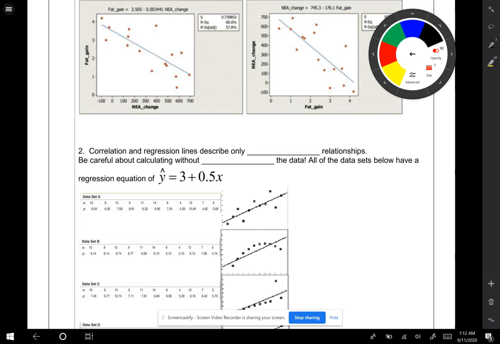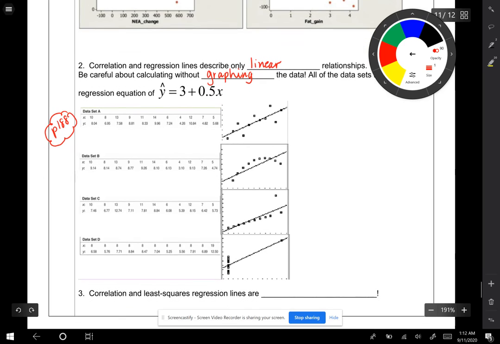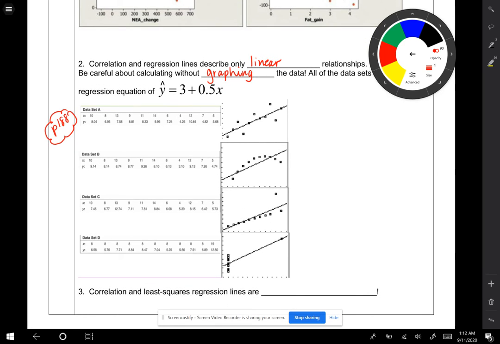All right. Correlation and regression lines describe only linear relationships. Be careful about calculating without graphing the data. All of the data sets below have a regression equation of y hat equals 3 plus 0.5x. So this is on page 188 if you have a book. If you look at the first one, and they all have the same correlation.